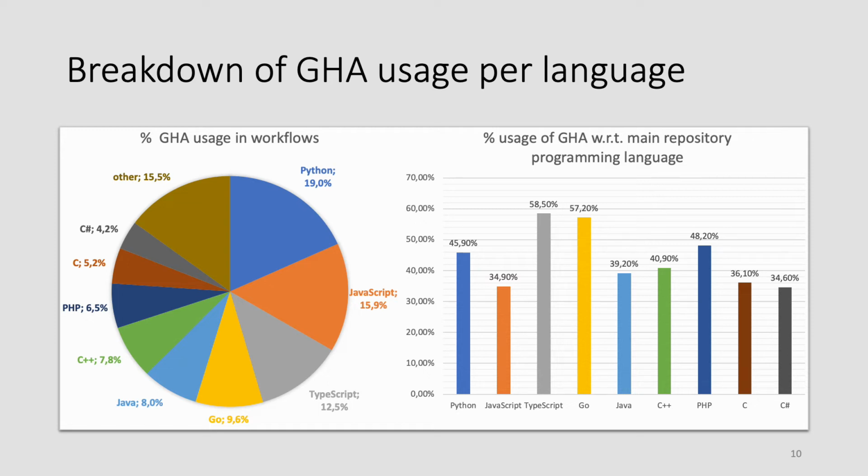This is because these languages are younger than others, and the developers working with them go for GitHub Actions from the start, mostly using this CI/CD and not other CI/CDs like Travis or other replacements.